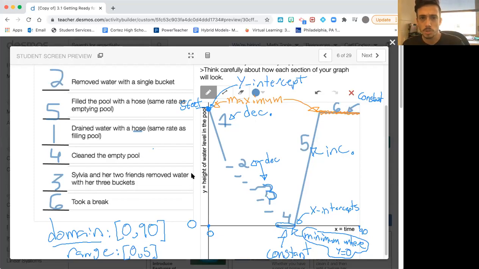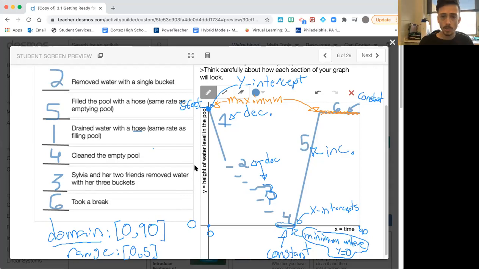I think we did a pretty solid job. Some other things you could have altered is the order. You could have had a different steepness for some of these too with the buckets. You could have had a straight line kind of going there with the buckets. We've talked increasing, decreasing, domain, rate, intercepts.